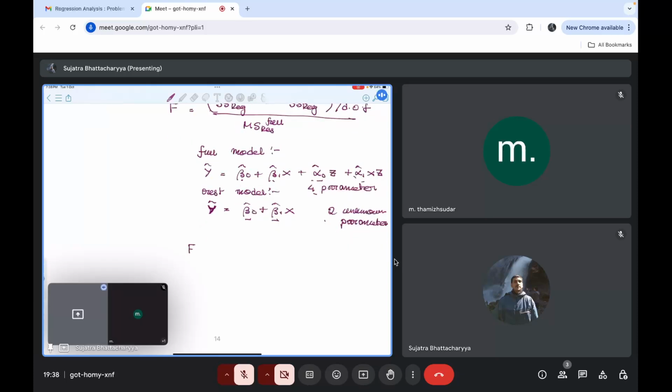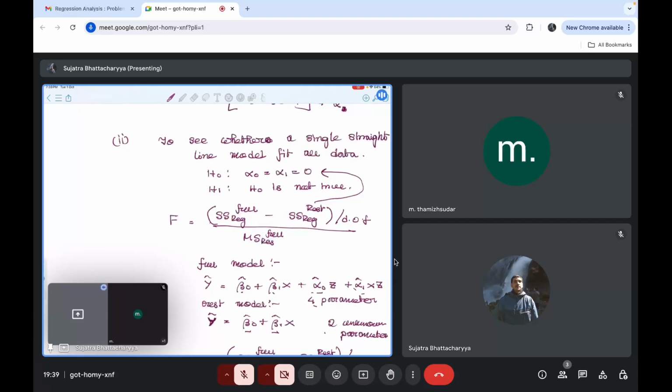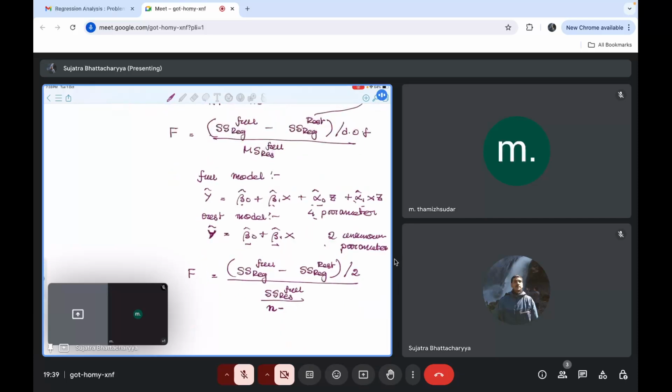All right. So F will be SS regression of the full model minus SS regression of the restricted model, divided by 2 degrees of freedom, divided by SS residual of the full model divided by its degrees of freedom. If n is the number of observations, minus the 4 unknown parameters in the model, it will be n minus 4.